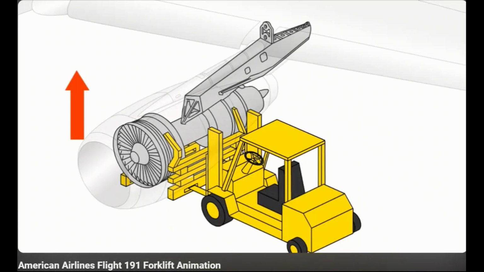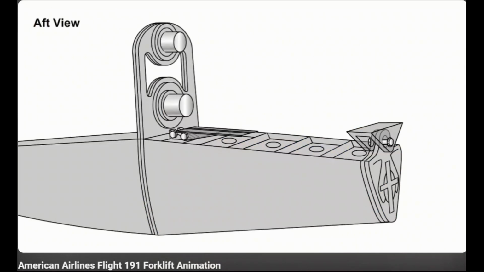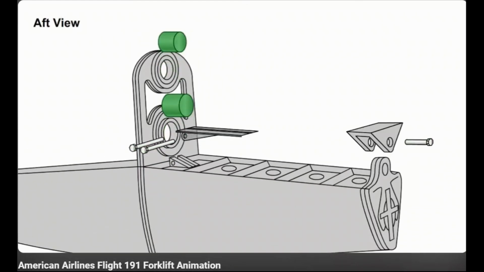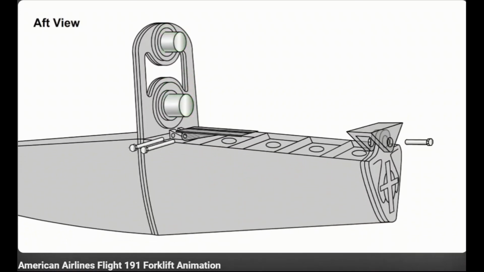This sequence depicts the removal of the pylon attachment hardware in preparation for lowering of the engine and pylon as a single unit. The aft attachment fittings were removed, followed by the forward attachments, and the engine pylon assembly was lowered for the required maintenance procedures. Upon completion of the maintenance procedures, the removal sequence was reversed for reattachment of the pylon to the wing.